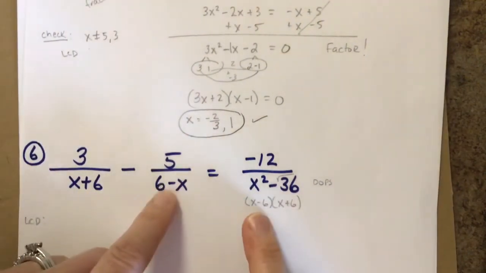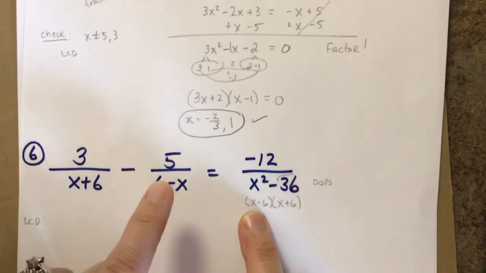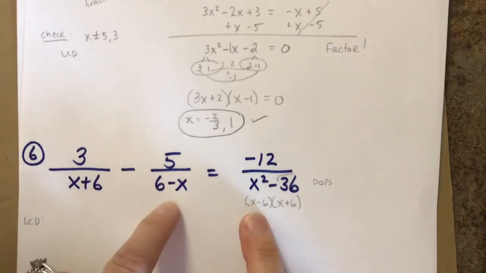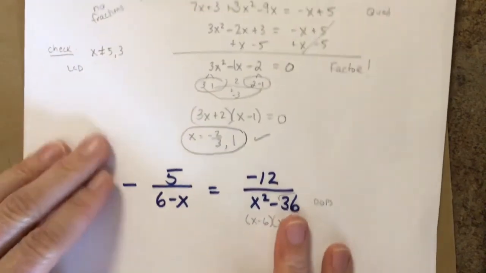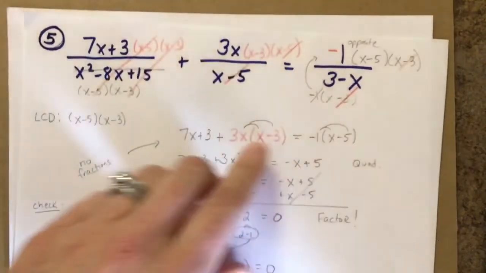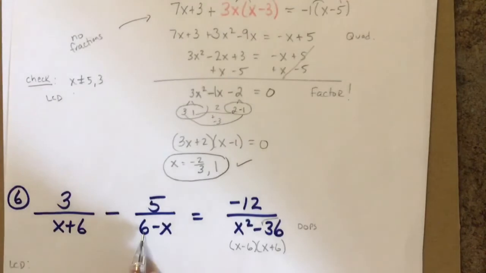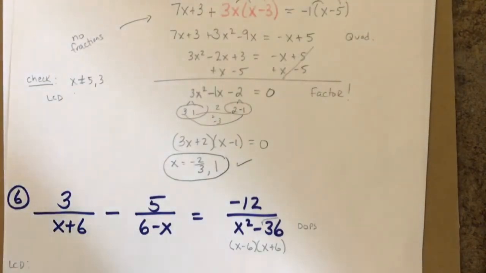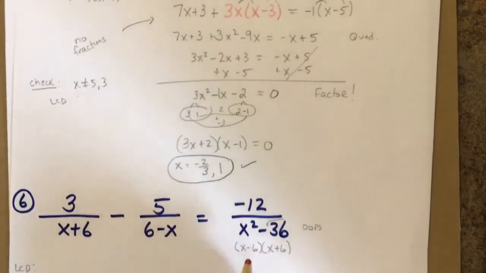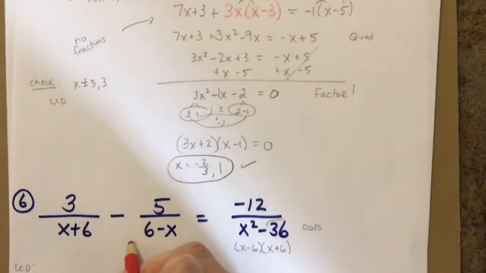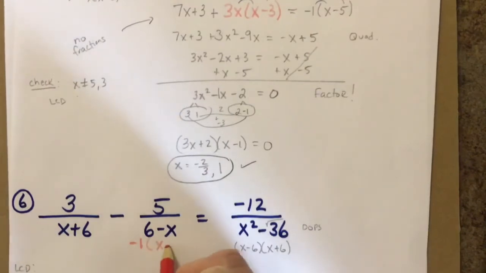And then here I have 6 minus x, which was similar to 3 minus x, x minus 3. I want to make this 6 minus x into x minus 6 by factoring out a negative 1. That makes the x positive and the 6 negative.